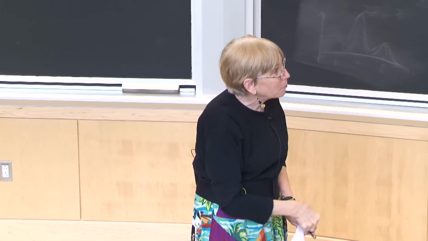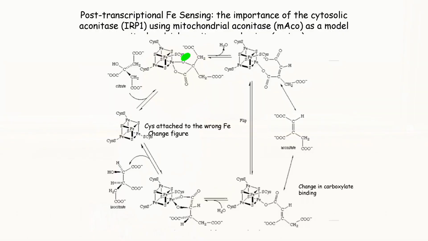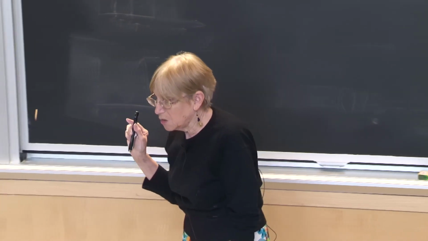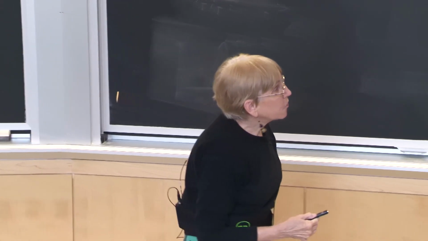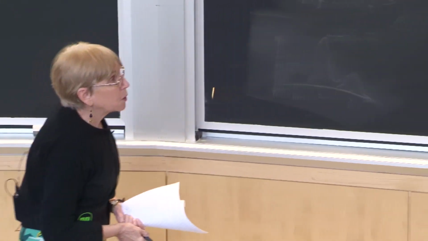If you look at the model up there, citrate to isocitrate, you're simply losing a molecule of water. And then over here, you're generating isocitrate. And the chemistry is facilitated by the presence of a single unique iron in the 4-iron, 4-sulfur cluster, which was the first example of these kinds of clusters doing chemistry, in addition to the electron transfer reactions that you've been exposed to before.